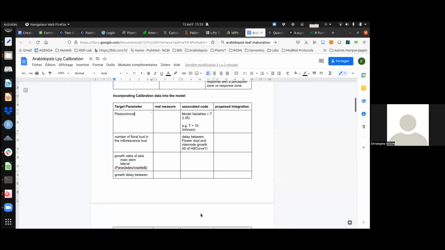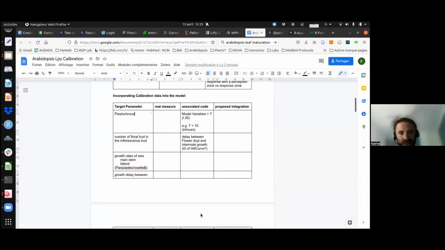Okay. And so here I took the plastochron because it's easy. But you have a number of other parameters that are not that easy to locate in the code. For example, the number of floral buds present in the inflorescence buds, the point I discussed yesterday.